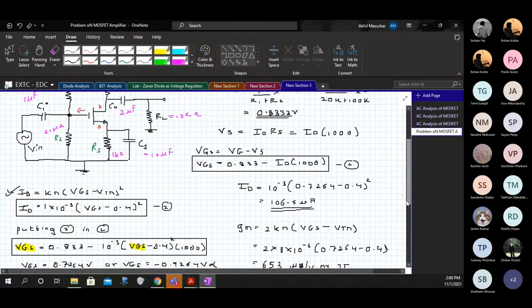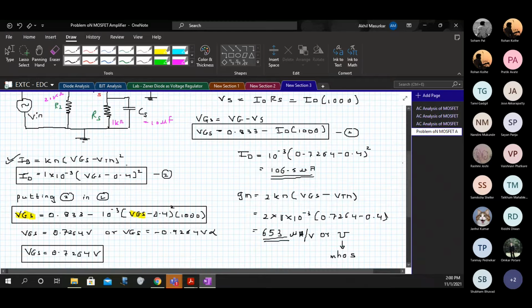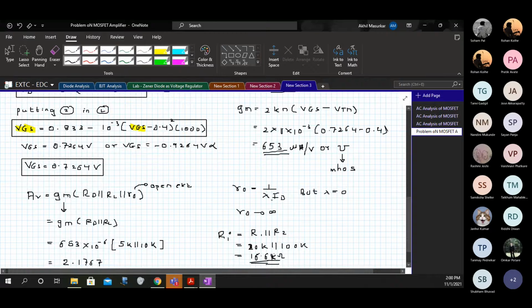Till this point you can use the same equation, but here you can calculate the value of R0. So now R0 will exist, and that will affect the gain. So you can try that. Come on, try it.